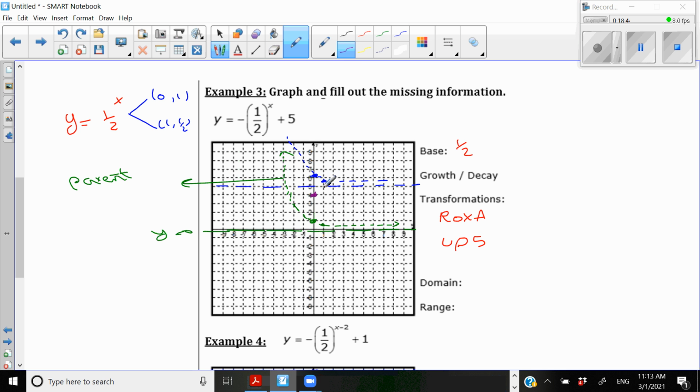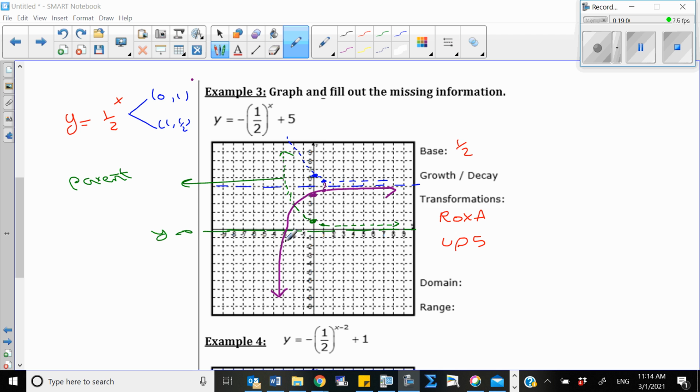The same amount that you had on top of this line, you're going to go the same amount down here. So this is my new point. Now, because this is flipped, the graph is going to look like this.